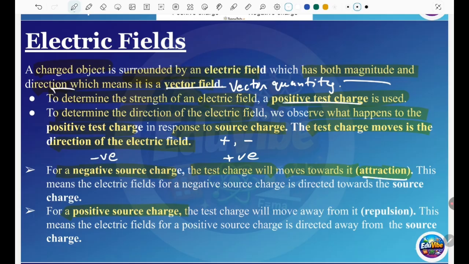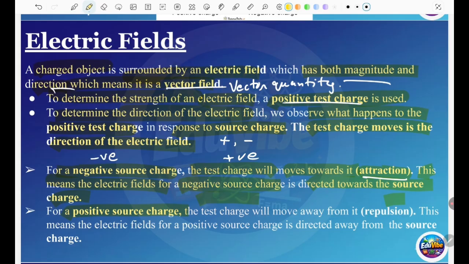Unlike charges attract each other. This means the electric field for a negative source is directed towards the source charge. The electric field is directed towards the source charge, in the same direction as the test charge moves, when there is attraction.